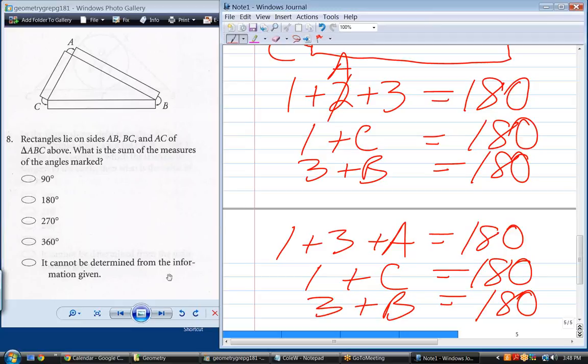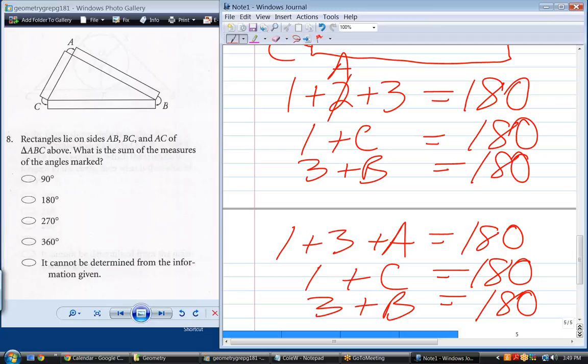Although I'm not positive, this could be one of those tricky problems where, in other words, C is clearly equal to 3 plus A. Well, no. C plus A may be equal to B. I don't know.